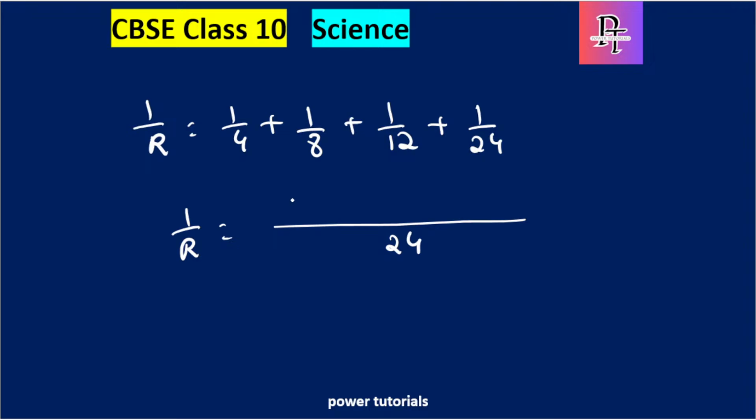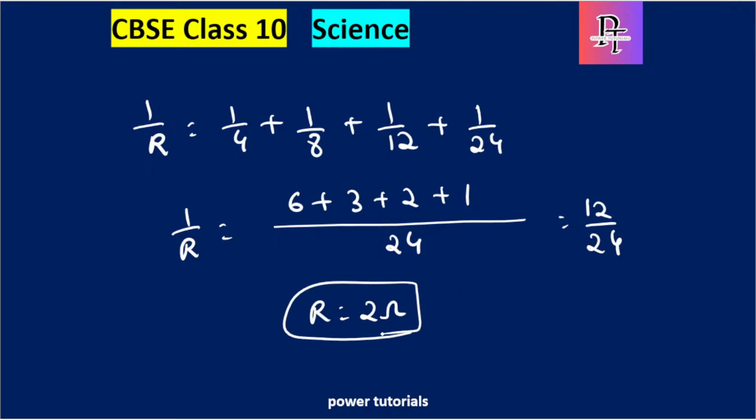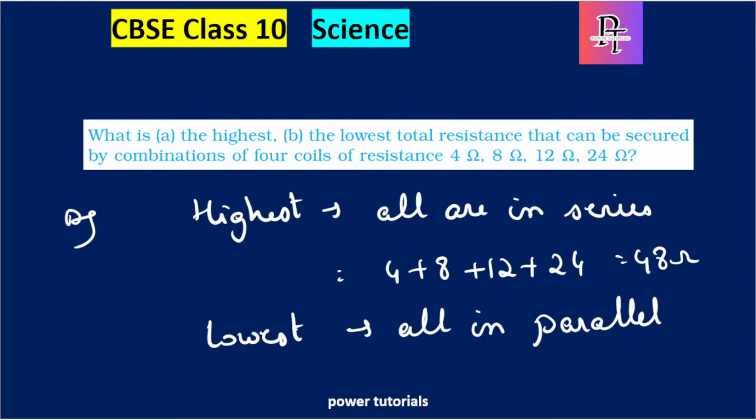I'll get 4 6s are 24, 8 3s are 24, 12 2s are 24, and this is 1. 6 plus 3 9, 10, 11, 12 by 24. So R effective is nothing but 2 ohms. So the least is 2 ohms, whereas the highest is 48 ohms.